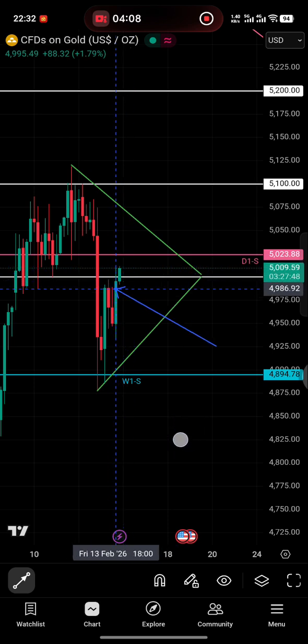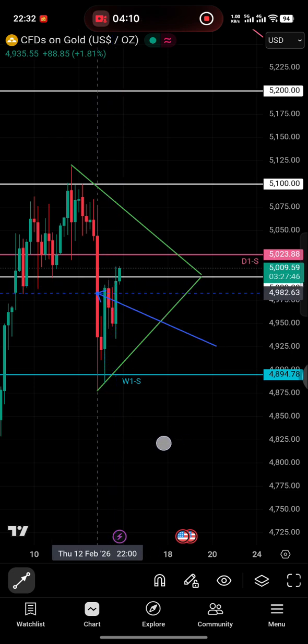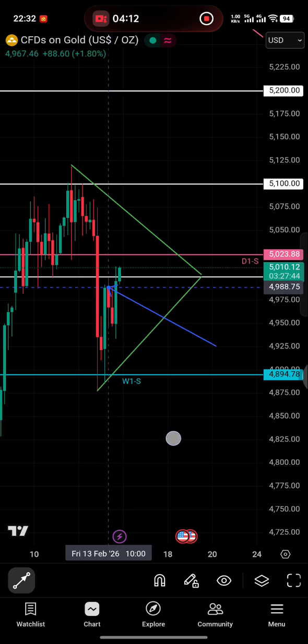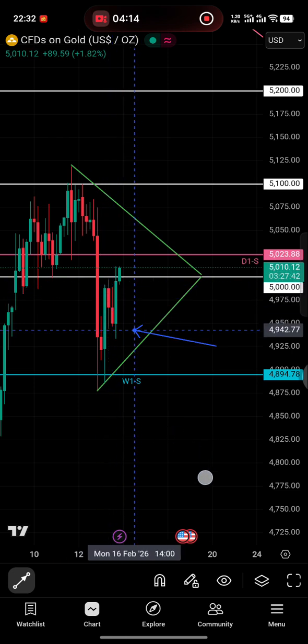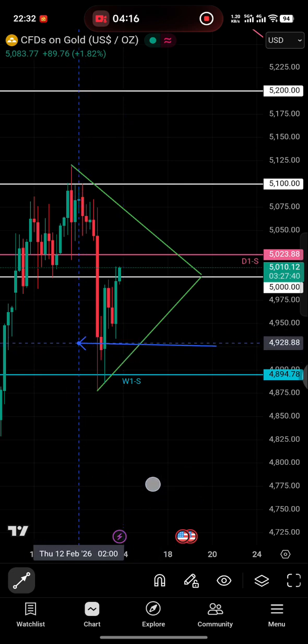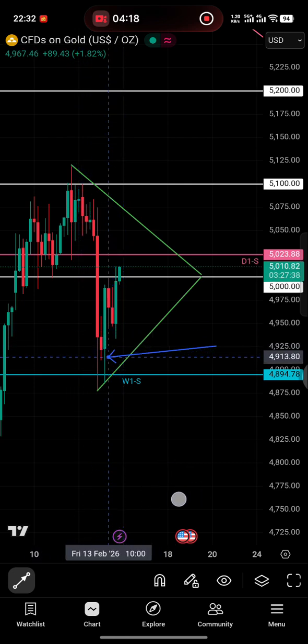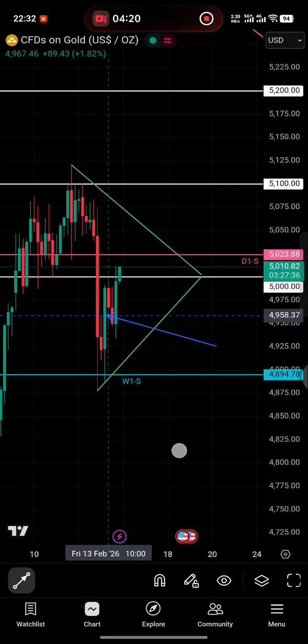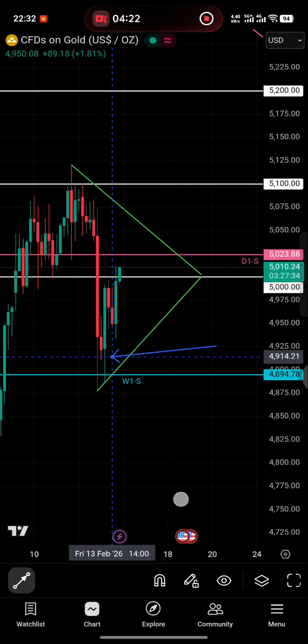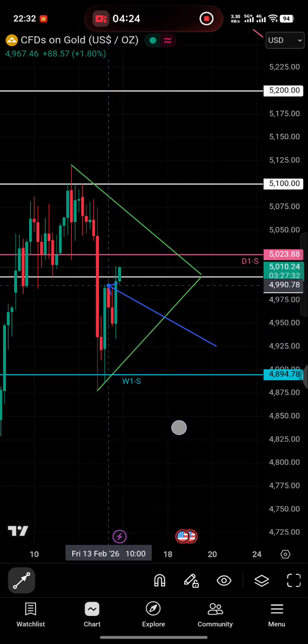But still managing to close above the previous candle's resistance, which is here, which means this bullish price action over here is a complete one before pushing up, right? Creating a higher high and higher low, right?